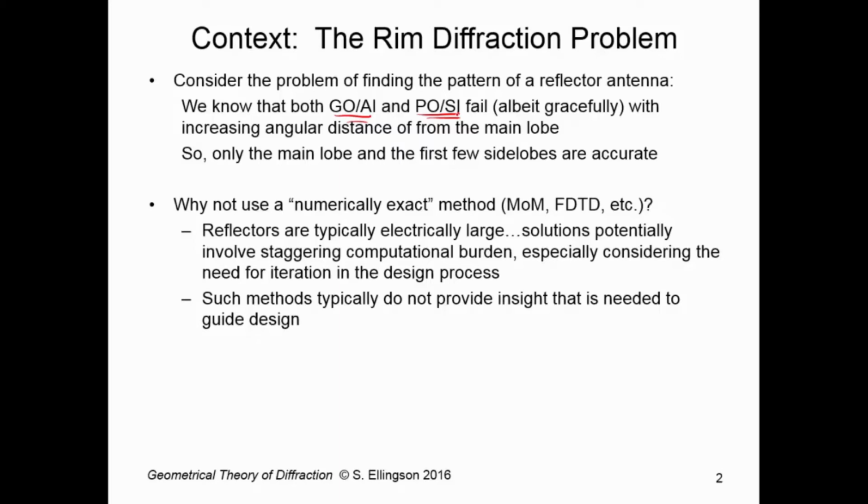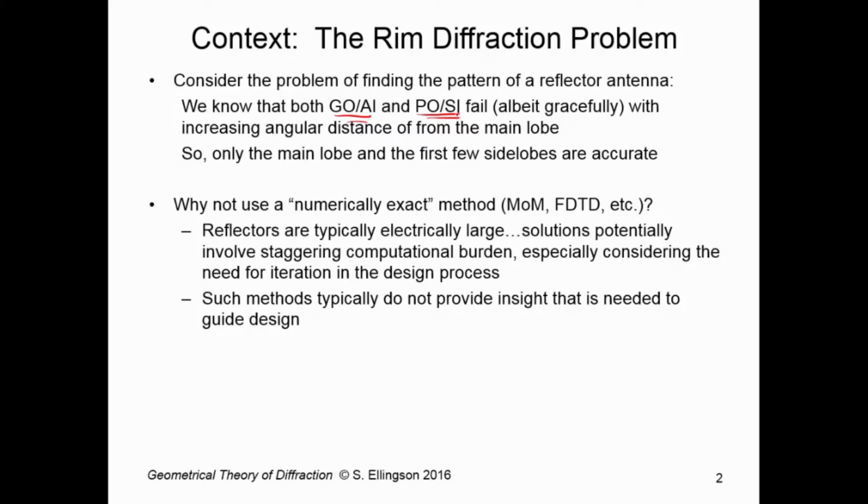Well, reflectors are typically electrically large, and solutions potentially involve very large computational burden, not only for the very first iteration, but if you're doing a design, and the design requires iterating design parameters over and over, this can be prohibitively computationally expensive to do.